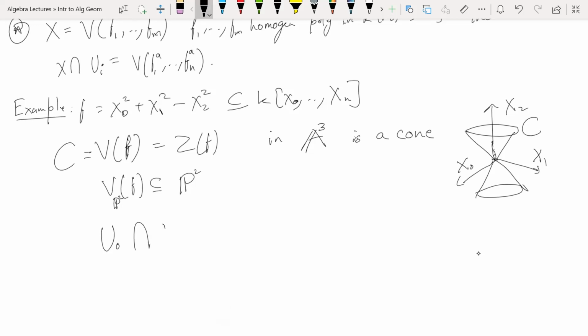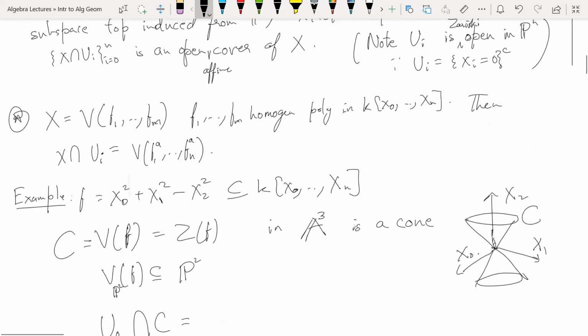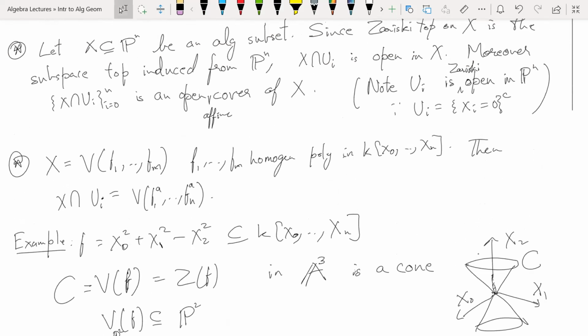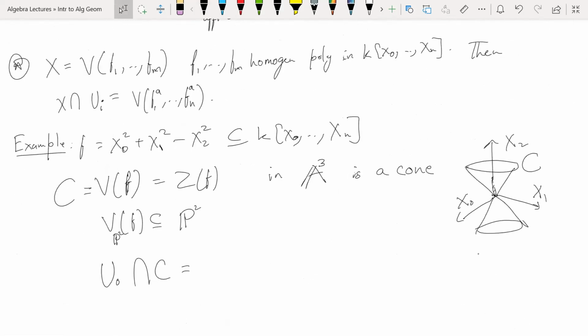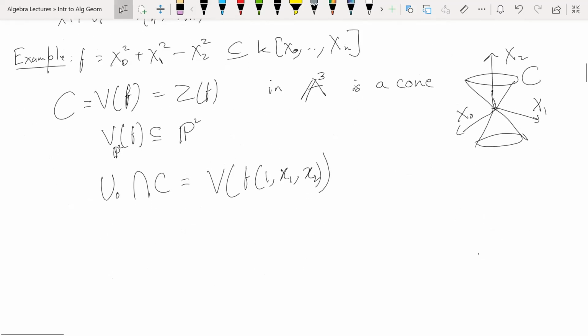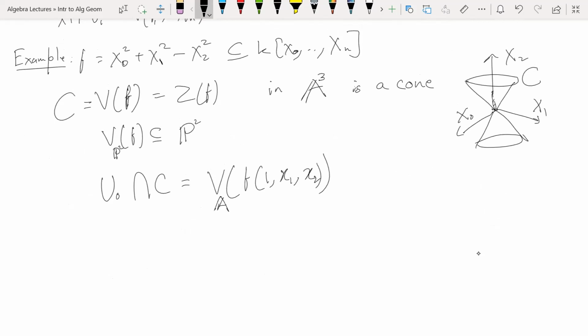So U0 intersection C. By this theorem, we have to dehomogenize it in a particular way. So we have to set x0 equals 1. So this is V of f(1, x1, x2). What is f(1, x1, x2)?